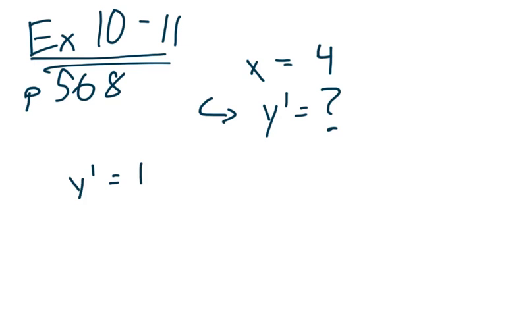Y prime is equal to 102. I forget what the decimal was. I have to look back to the previous page. 102.493. And then B was a negative 3.622.